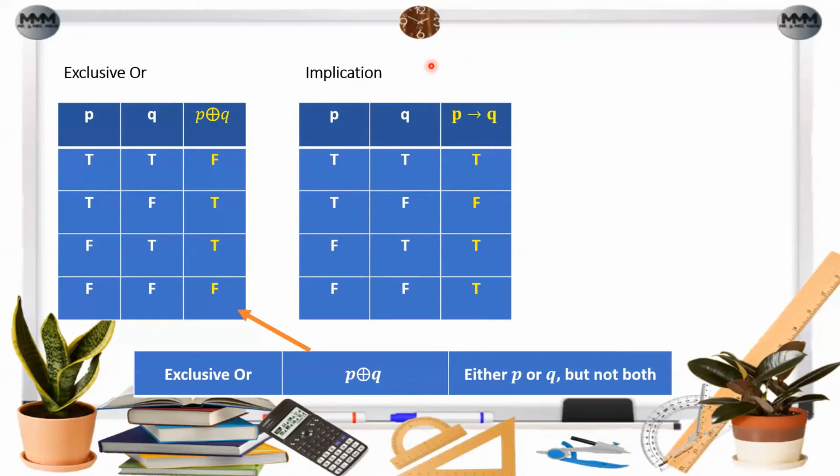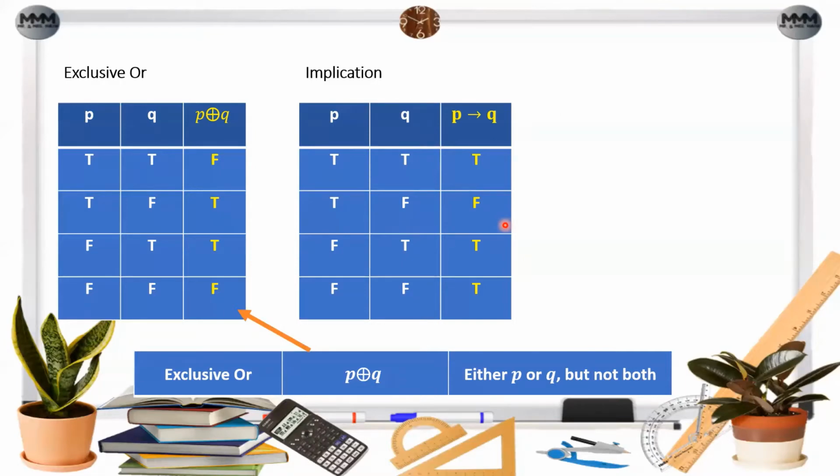Now, take note that in our implication, there is only one false truth value. That is when the hypothesis is true and our conclusion is false. Because you are assuming that your statement is true and then you are concluding that the statement is false, that will make our compound proposition false.